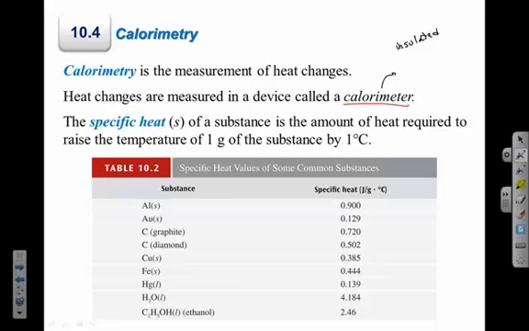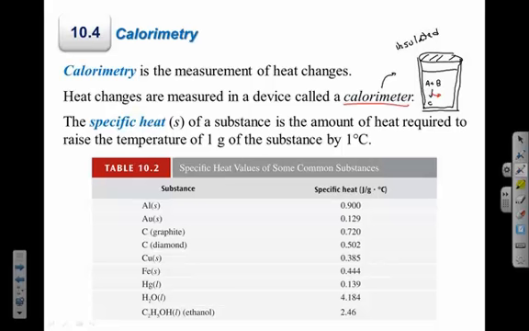And so when you set up your calorimeter and you have an insulated container, no heat will be exchanged with the surroundings. If you have two things reacting and they are converting into some products, if that reaction releases energy, the energy will all stay inside the calorimeter.